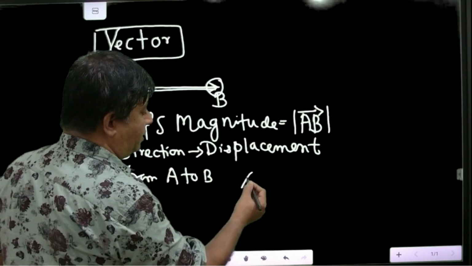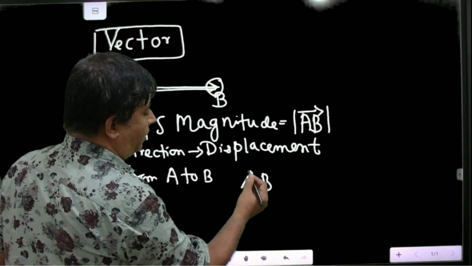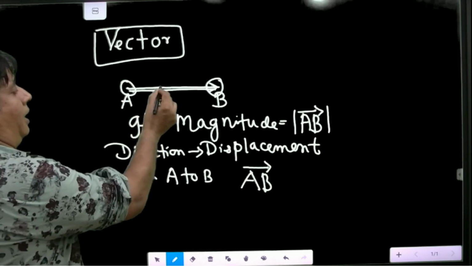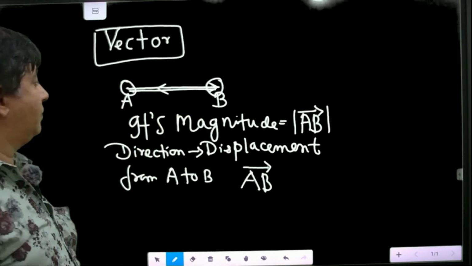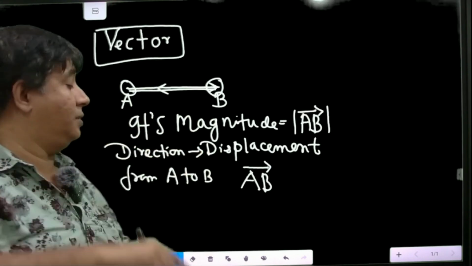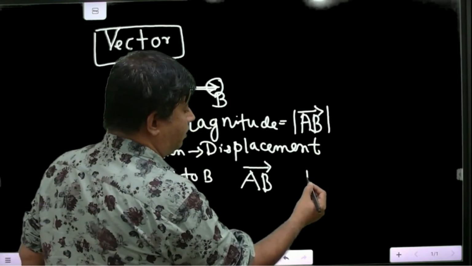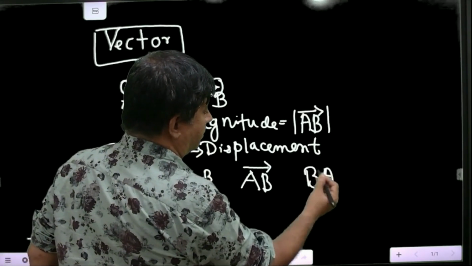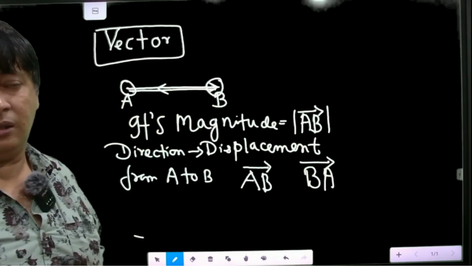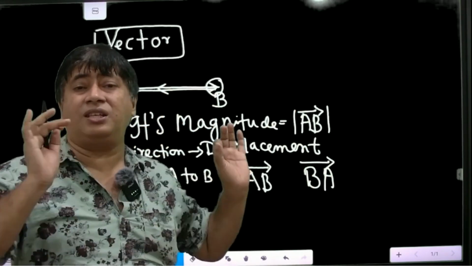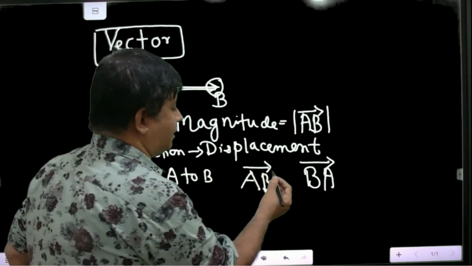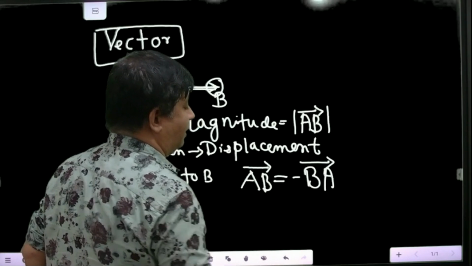So, AB means it moves from A to B. If you reverse the arrow sign, means if you reverse the direction, it will become B to A. The question is, will there be any change? If I reverse the direction, yes, I can put a minus sign.